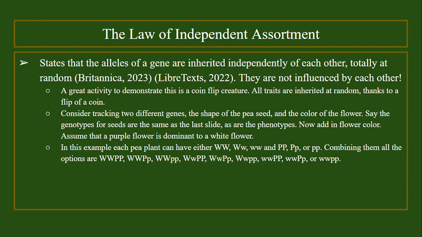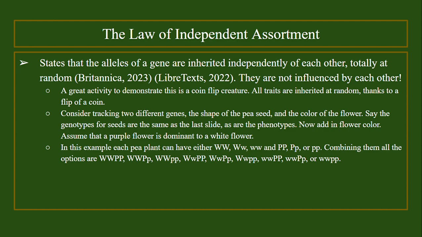Now, if we move on to flower color, we're going to use P. Big P is going to stand for purple, and little p will stand for white. When we have big P, big P, we're going to have purple flowers. When we have big P, little p, we'll also have purple flowers. But when we have little p, little p, we will get white flowers.